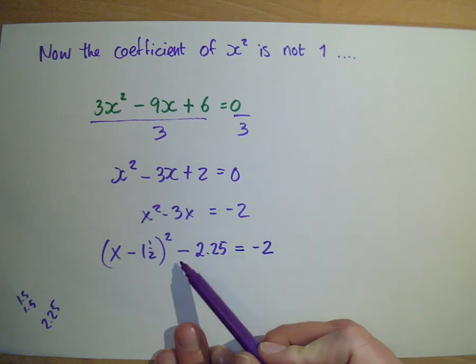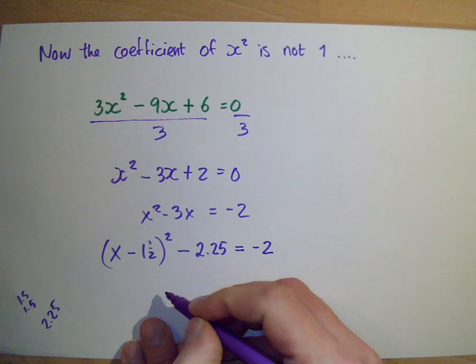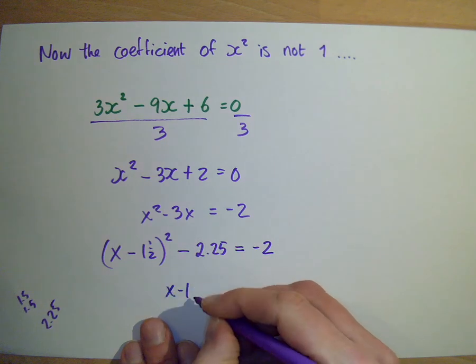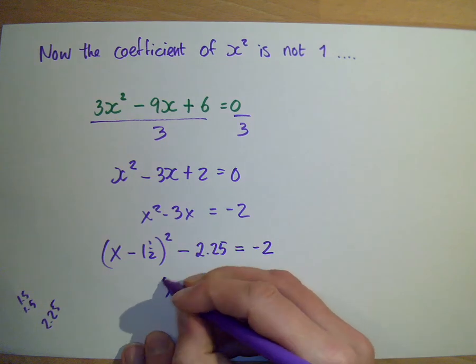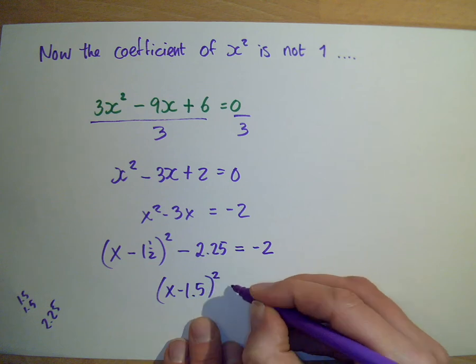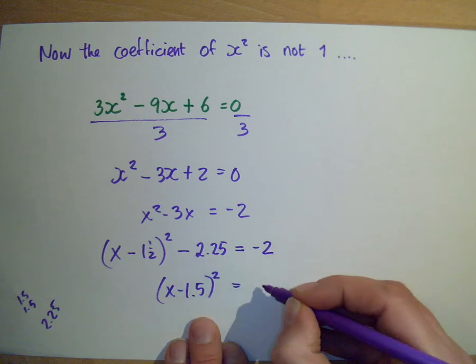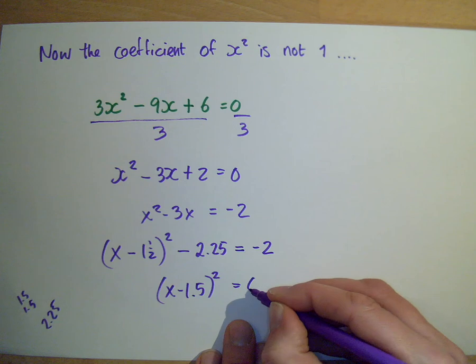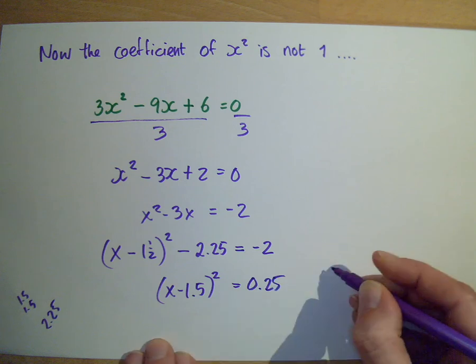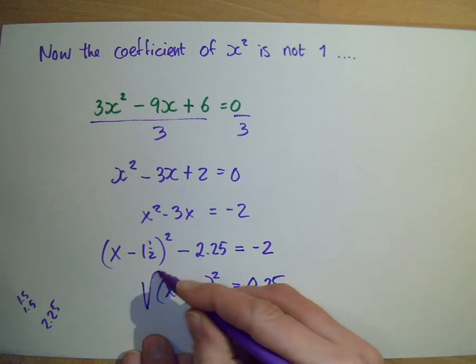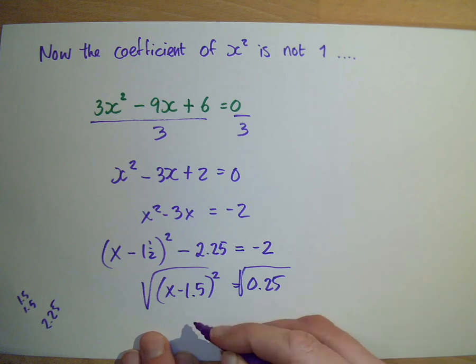Now we move the constants over to the right side, right? So I just changed it to a decimal. Here I add 2.25 to both sides, which gives me 0.25 on this side. I take the square root of both sides.